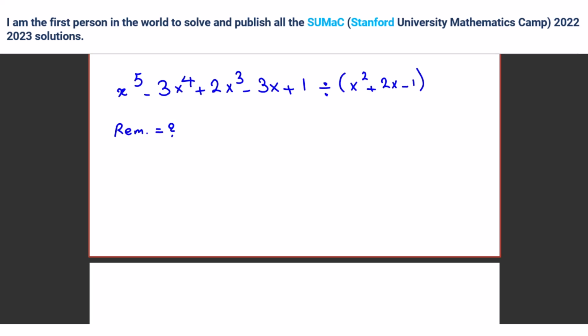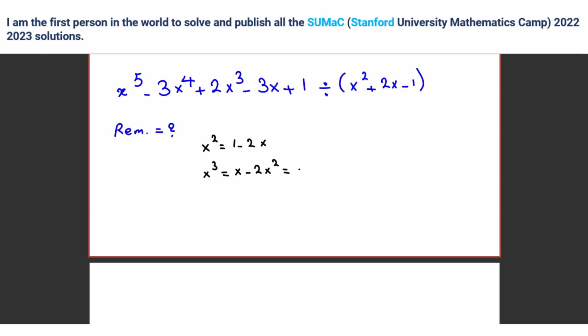Okay, so let's calculate. x squared is 1 minus 2x. So then we should calculate what? Multiply by x or x squared. x cubed is x minus 2x squared.